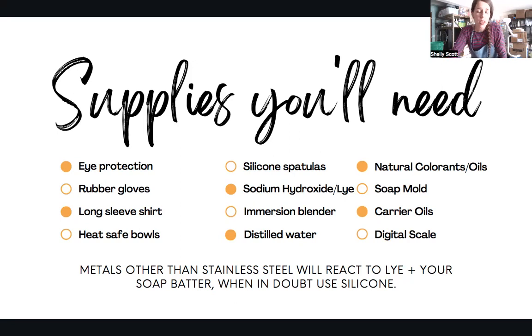You're going to need oils and fats like sunflower oil and coconut oil, or the oils that we are going to be using today on page 3 of our soap making for beginners, the 1 pound recipe. So we're going to be using olive oil and coconut oil and farm rendered lard, and castor oil. We are going to be using those carrier oils today.